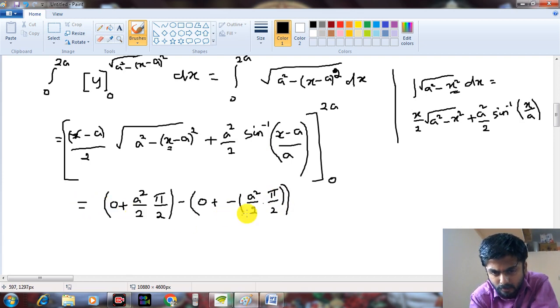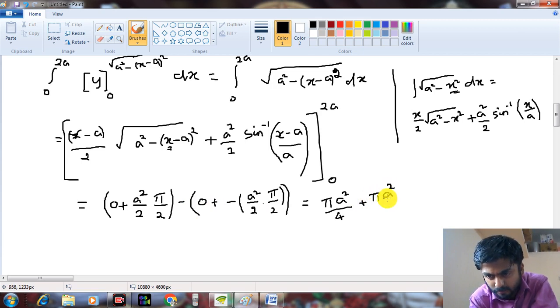So this is nothing but pi a square by 4, plus, this minus will become plus, again pi a square divided by 4, and that is equal to 2 pi a square by 4.